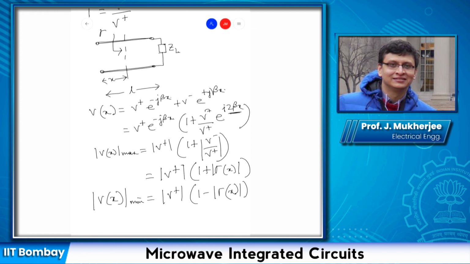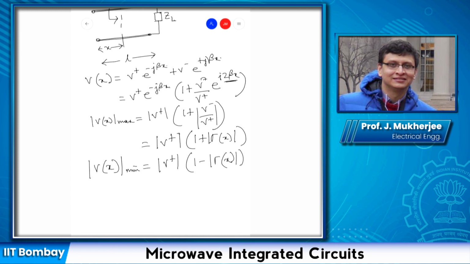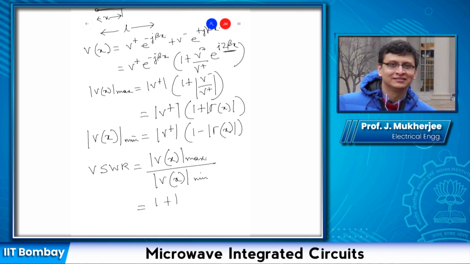Now the ratio of this maximum value and minimum value is called VSWR. So VSWR is defined simply as this. That's the definition of VSWR.